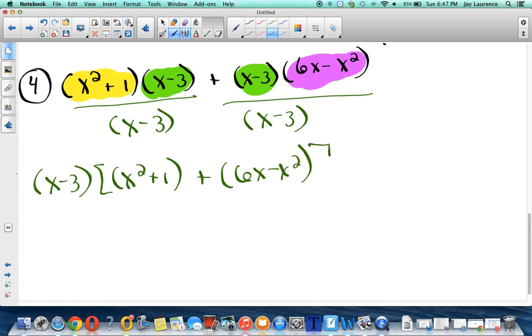Now it turns out that these parentheses are totally unnecessary, so I can drop them out. In fact, I'm just going to go ahead and see if I can erase them. They would be necessary on the 6x minus x squared term if this plus was a negative. But distributing a positive does not change the problem, so I don't waste my time doing it.